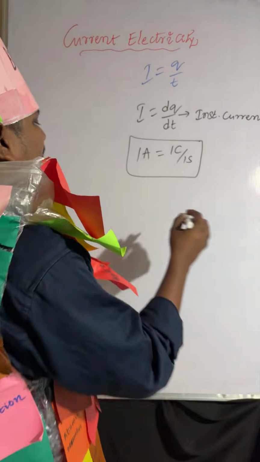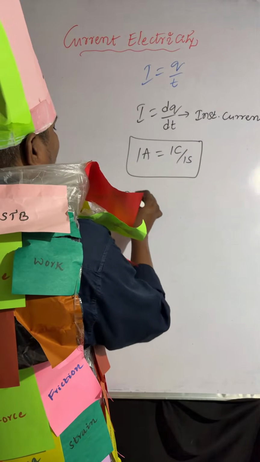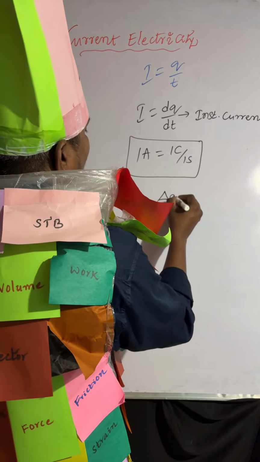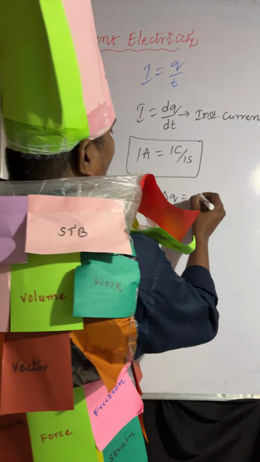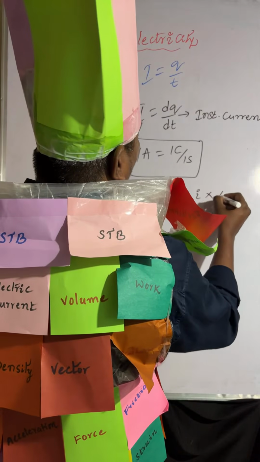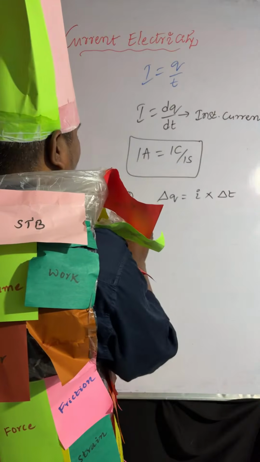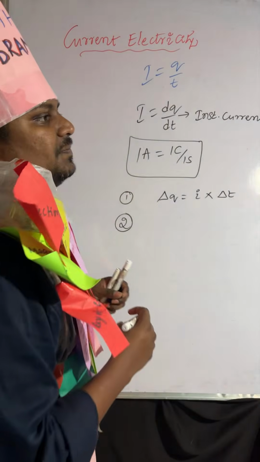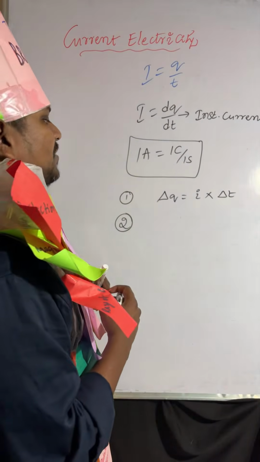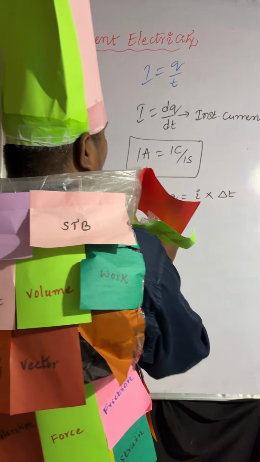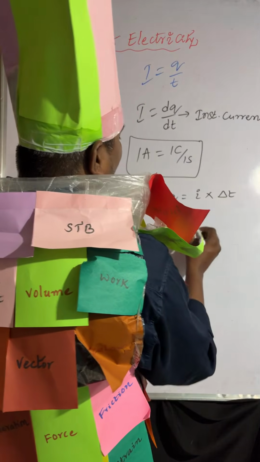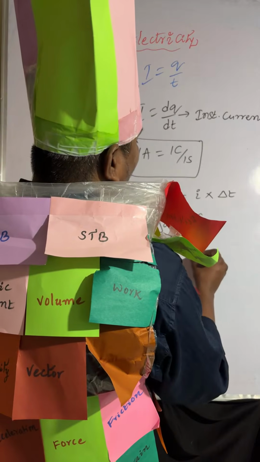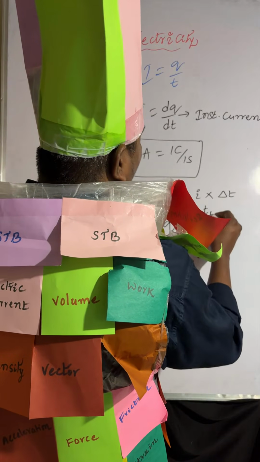Now point number 1: the flow of charge can be obtained by multiplying constant current with the time interval. Second, if the current is given as a function of time, the charge is the integral of I dt from t initial to t final.